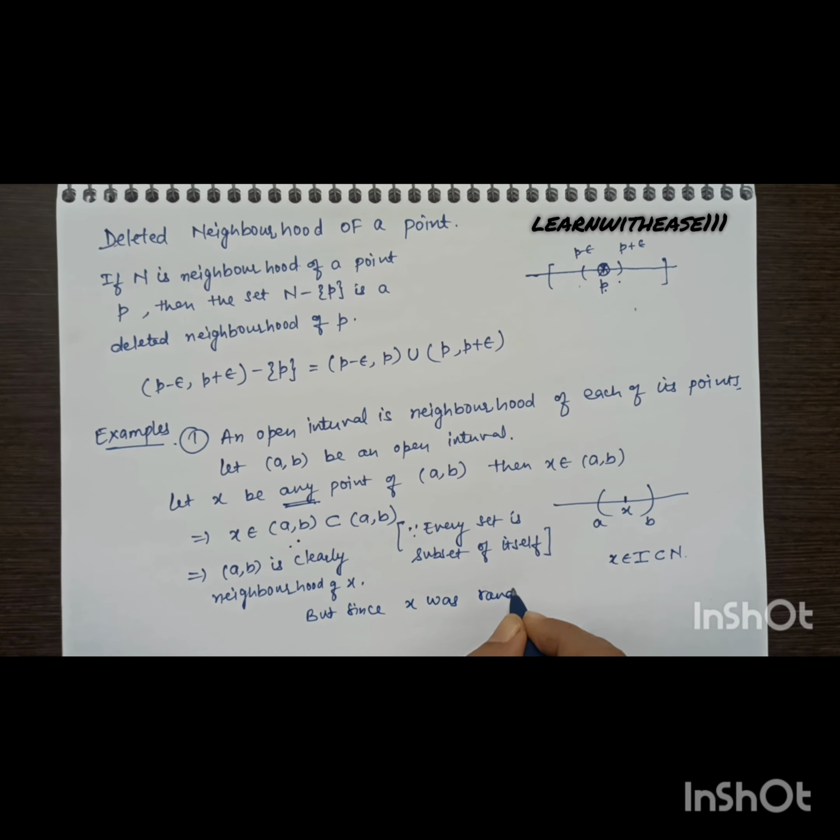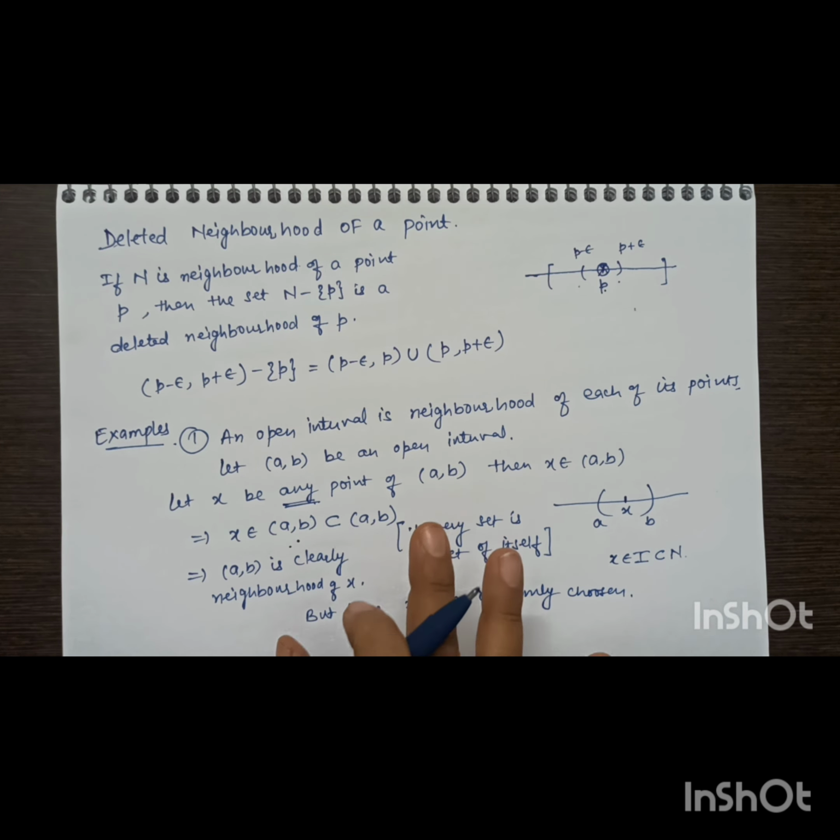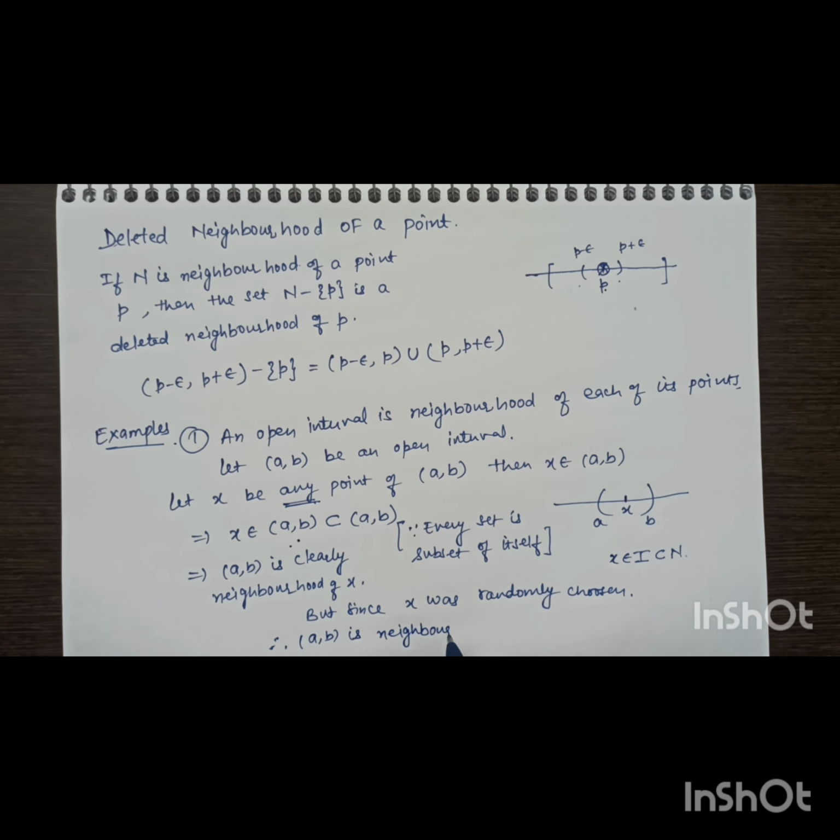But since X was arbitrarily chosen, when the result is true for any arbitrary value, the result is true for each of its points. Since X was arbitrarily chosen inside the open interval AB, AB is a neighborhood of each of its points.